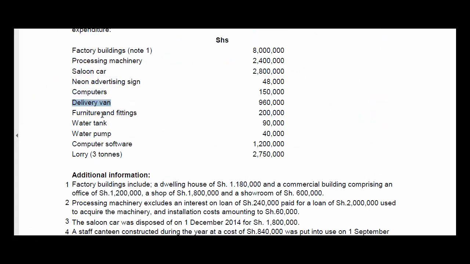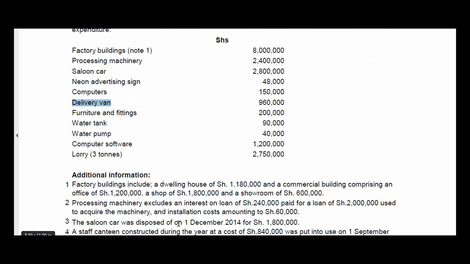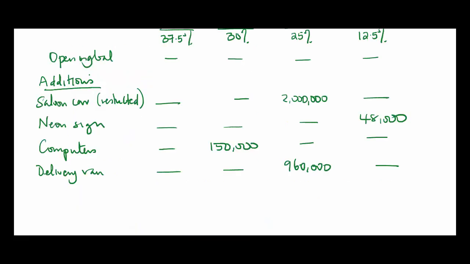Delivery van is class 3. Furniture and fittings is class 4.